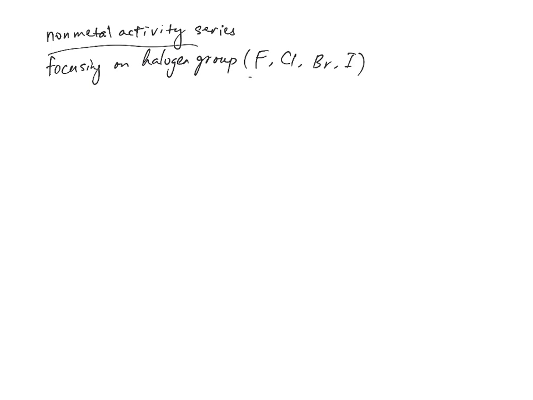Now, if you're only involving this group, what is the activity series between these guys? Well, let's make it clear here. When it comes to free element activity, fluorine is more active than chlorine gas, chlorine is more active than bromine, and bromine is more active than iodine.